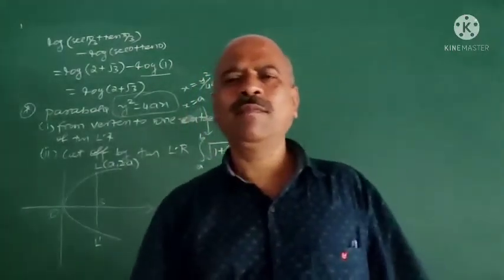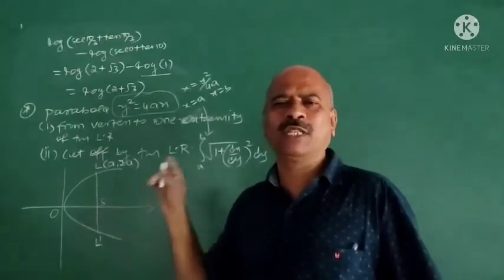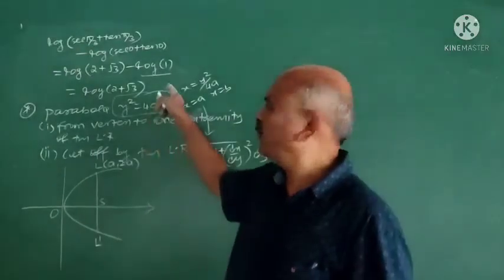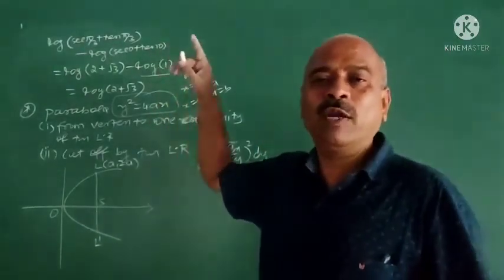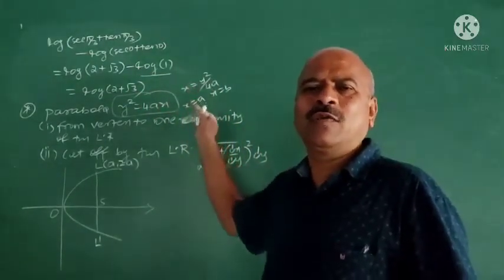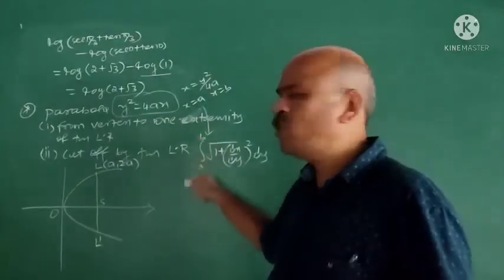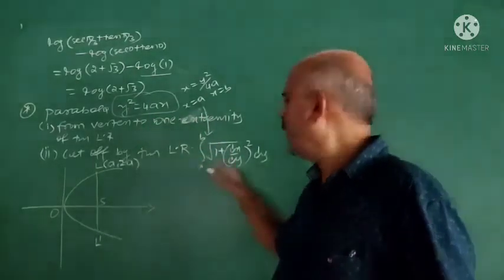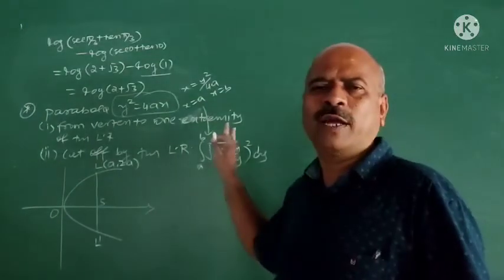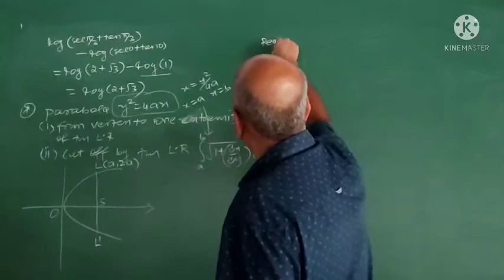Actually, what is the formula? A to b root of 1 plus dy by dx whole square with respect to x. That formula is when the curve is referred as y is equal to f of x. If the curve is x is equal to f of y, you have to interchange x and y. Here you have to take ordinates and dx by dy whole square. So the required length is the first part.